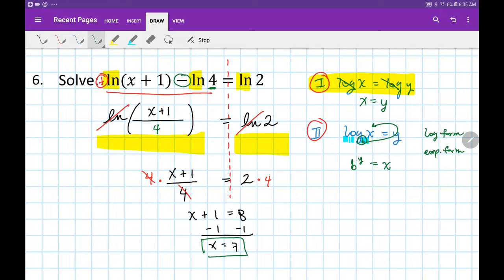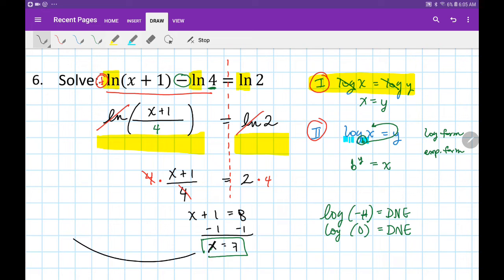But before I finish, I want to just make sure, because remember, we have a couple of rules. You can't ever take log of a negative number, and you can never take log of 0, because both will give me does not exist. So let's just make sure that we're not breaking any rules with x equals 7.